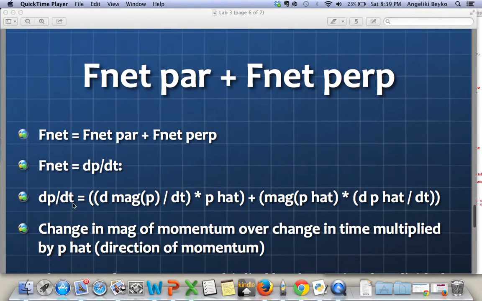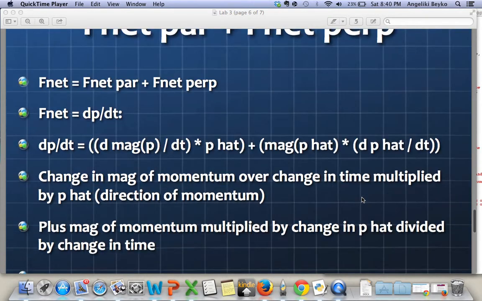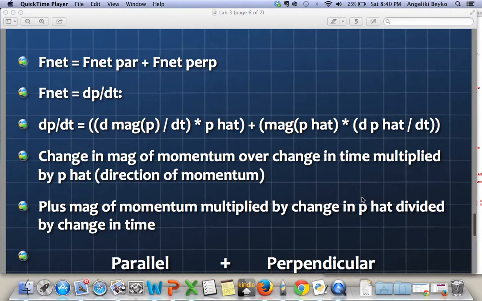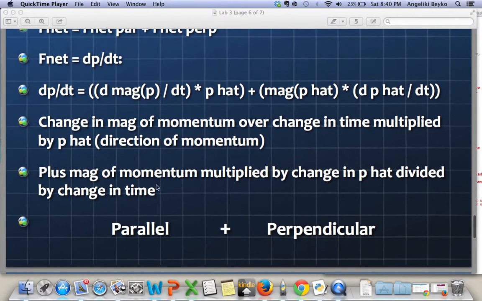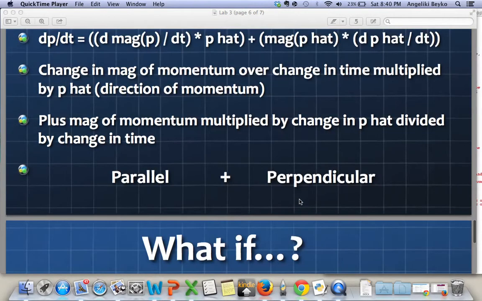So the change in momentum divided by the change in time is equal to the change in the magnitude of the momentum divided by the change in time, times the direction of the momentum p hat, plus the magnitude of p times the change in p hat divided by delta t. Those are the parallel and perpendicular components respectively.